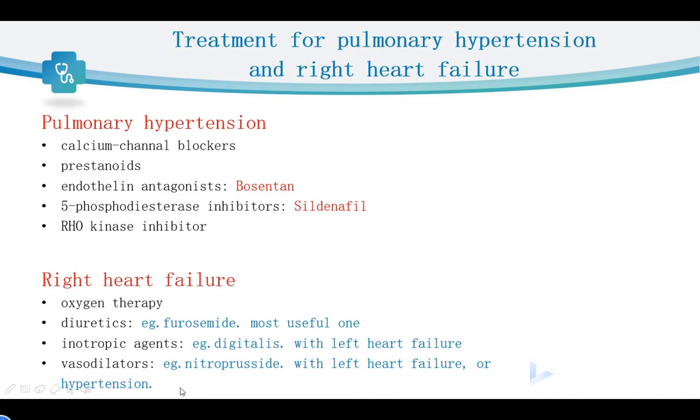So, we usually do not use these drugs for patients with only right heart failure, but for patients with both right and left heart failure. So, we usually provide oxygen therapy for patients with chronic right heart failure and diuretics for patients with acute right heart failure. That's the treatment for the symptoms, that means the treatment for pulmonary hypertension and right heart failure.